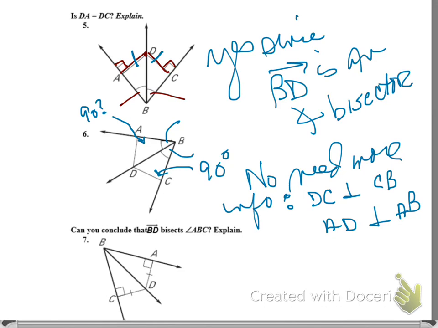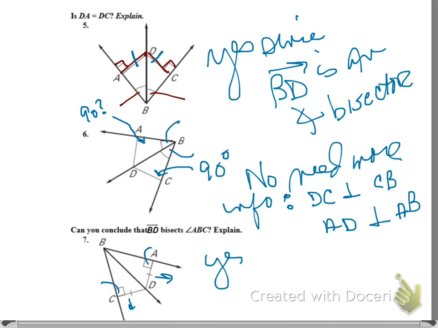Okay, question 7. It says, can you conclude that BD, so BD is down the center, hopefully, bisects angle ABC? So what do I see? I see a right angle, and I see equal segments here.